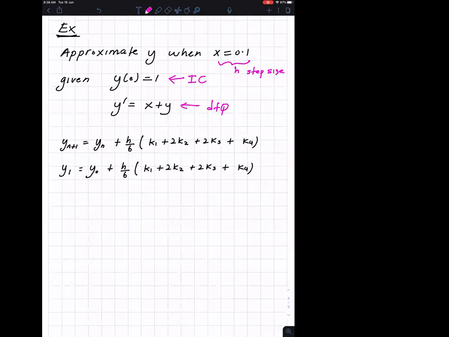For example, if you are here, let's say this is the curve, and then you are given your x0 value. This corresponding y value right here is also given, is 1. Okay. Then you're going to try to find what is your next value, y1. And that's what this formula is doing.